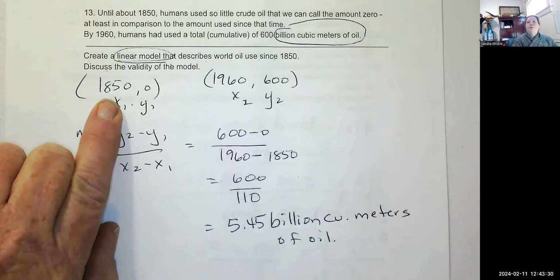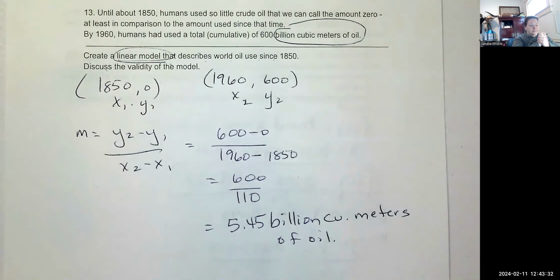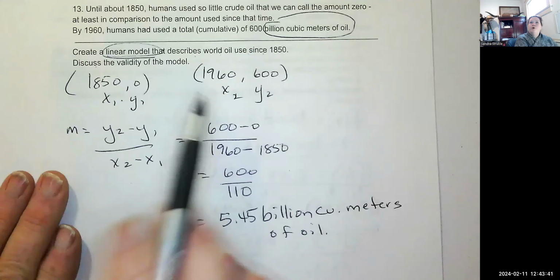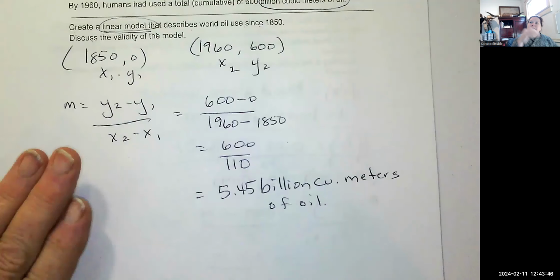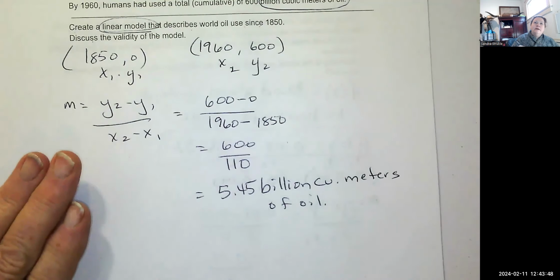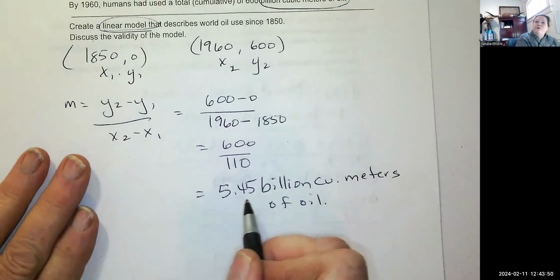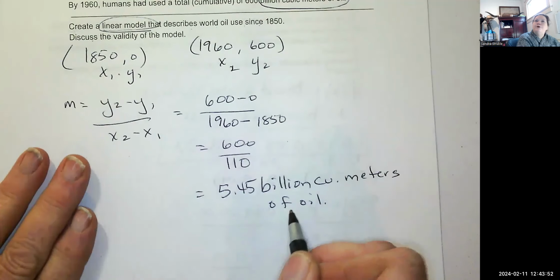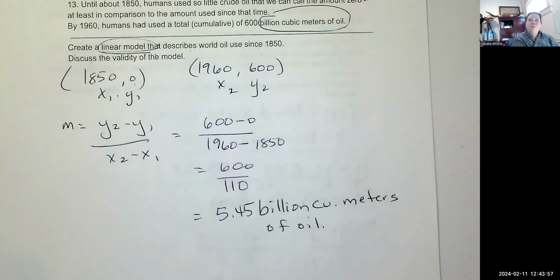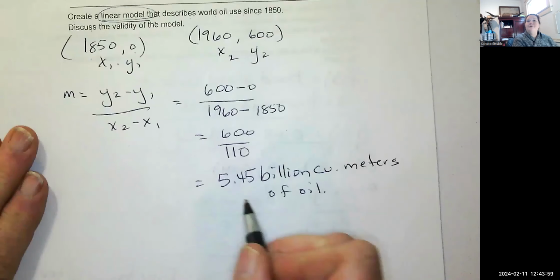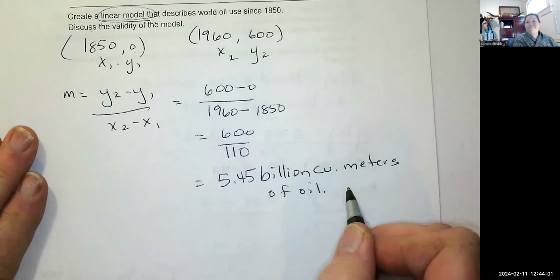So for this model, that means in 1850, we're assuming they used 0 oil. And if this is a linear function, that means that every year since 1850, we've used 5.45 billion cubic meters of oil. So if we used 0 in 1850, in 1851, they're saying we used this amount.